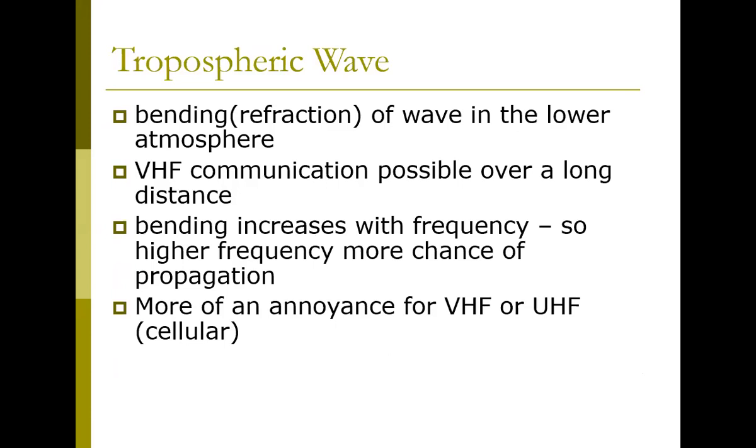Refraction is used. They are used for very high frequency communication over a long distance. As the frequency is increased, bending along the surface of the Earth, there are more chances of it reaching the receiving antenna with good strength.